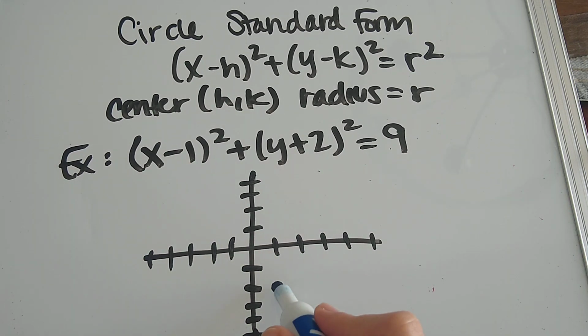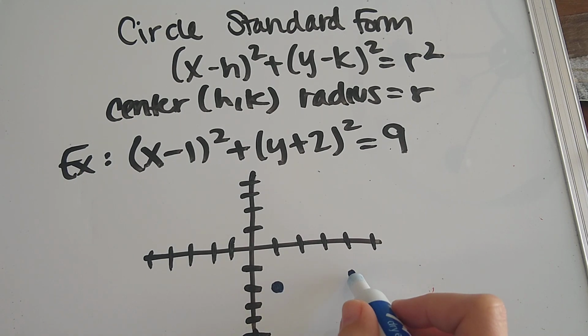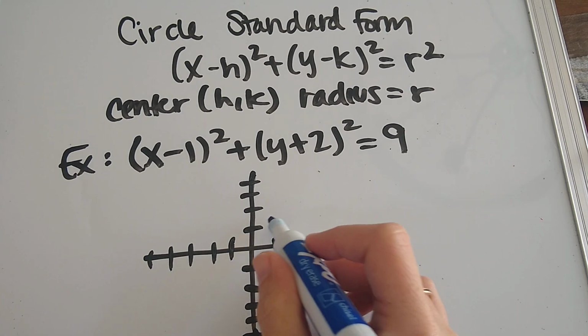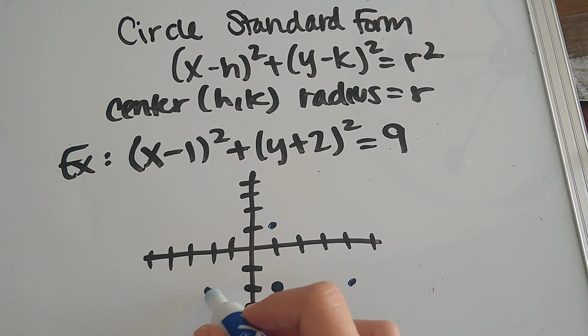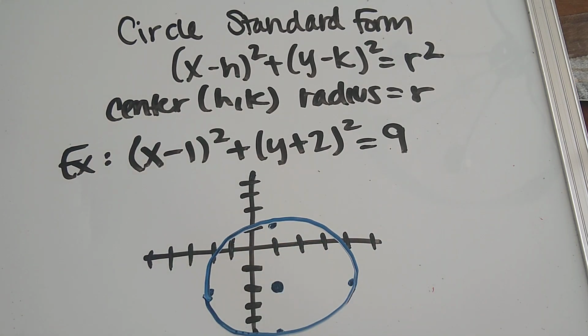So to graph that from your center, you go 3 in either direction: left, right, up, and down. So 1, 2, 3, 1, 2, 3, 1, 2, 3, 1, 2, 3. Okay, and then we just draw to the best of our ability. It's not about being artistic, just drawing the circle the best that you can from there. So that's graphing circles in standard form.